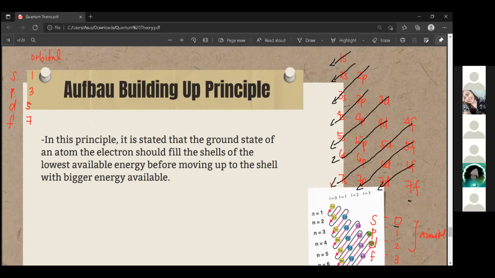Pag ginaisip ko ang Aufbau principle, ang ako lang ginahinumduman that the ground state of an atom or the electron should fill first the lower energy shell before niya mag-fill ang higher energy shell. Kapag mag-release ka og arrow, it's going upward. Ang pinakataas nga energy shell, unya pa sila i-fill pag ma-fill na nimo ang lower energy shell.